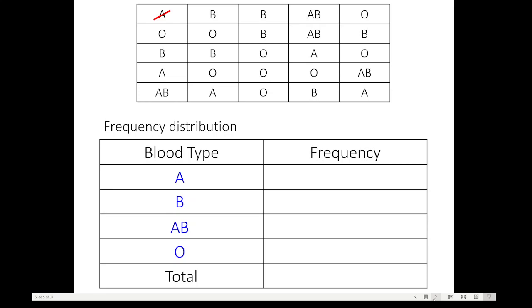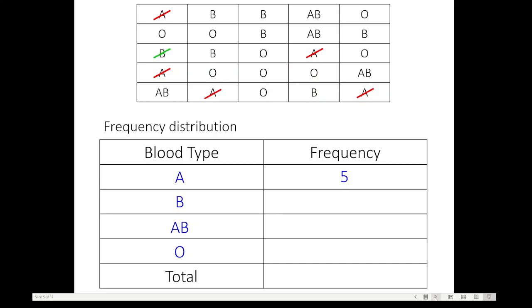So in this case, you have A: 1, 2, 3, 4, and then 5. So you have 5 people having blood type A. Once you have counted this value, you just transfer it into the frequency column. So you have 5 over there, and then you do the rest with the other blood types, counting one by one.